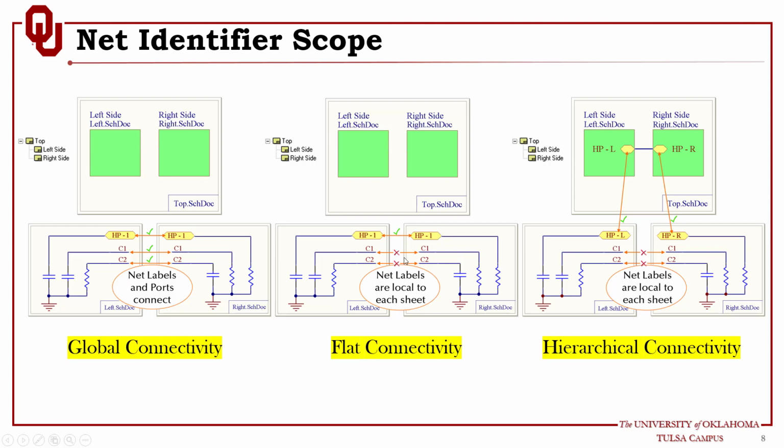In this net identifier scope, the net labels on the first schematic sheet will not connect to the net labels on the second schematic sheet, even if they have the same name or the same designator. What is good about this is that if you have schematic sheet A and schematic sheet B, you know for sure the net labels on this schematic sheet will not connect with anything else, even if by mistake they have the same net label.